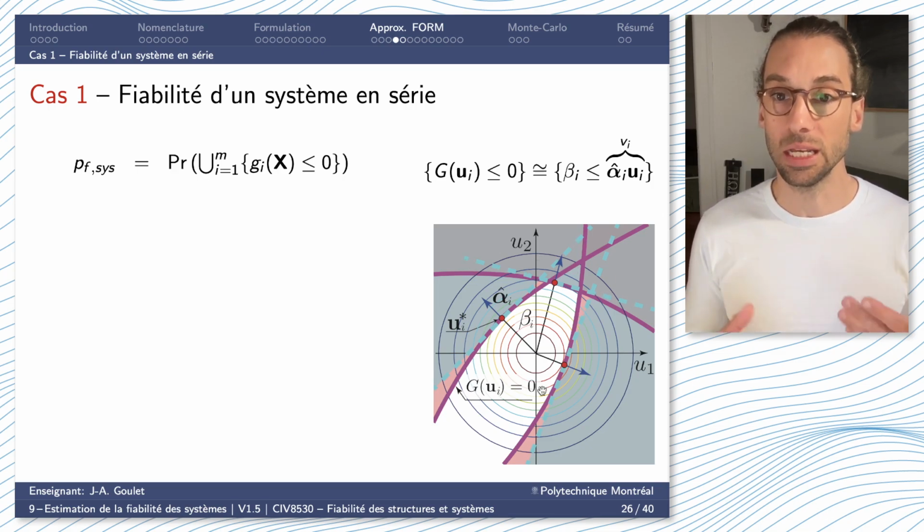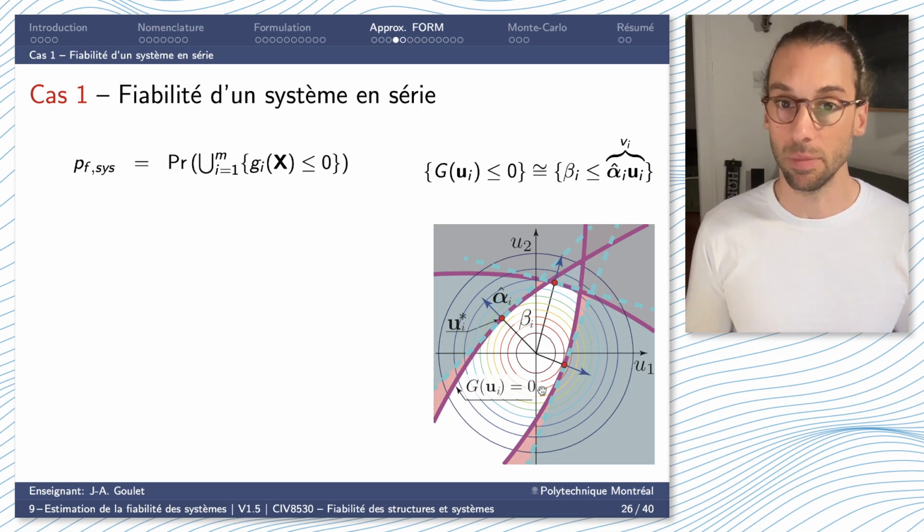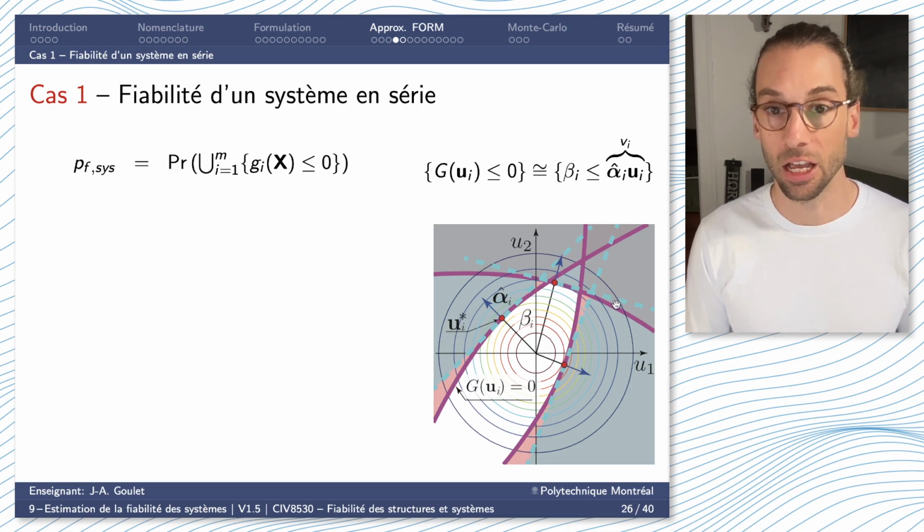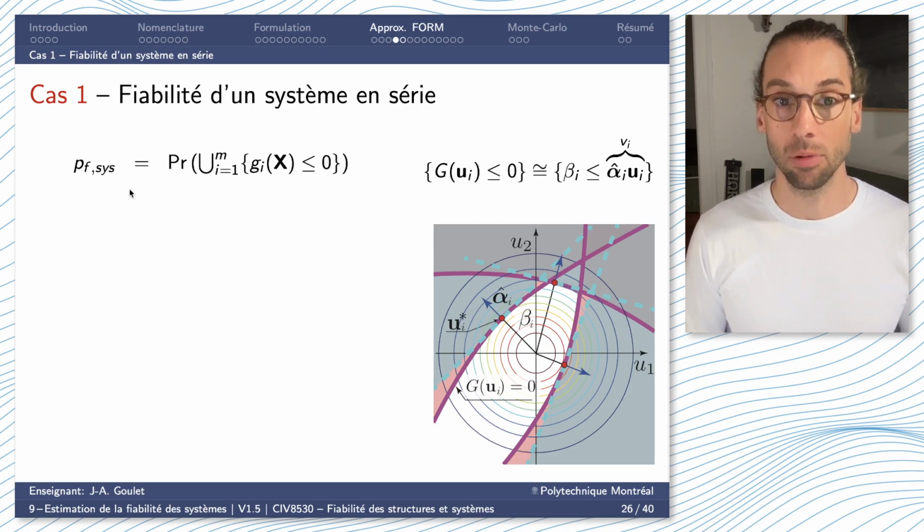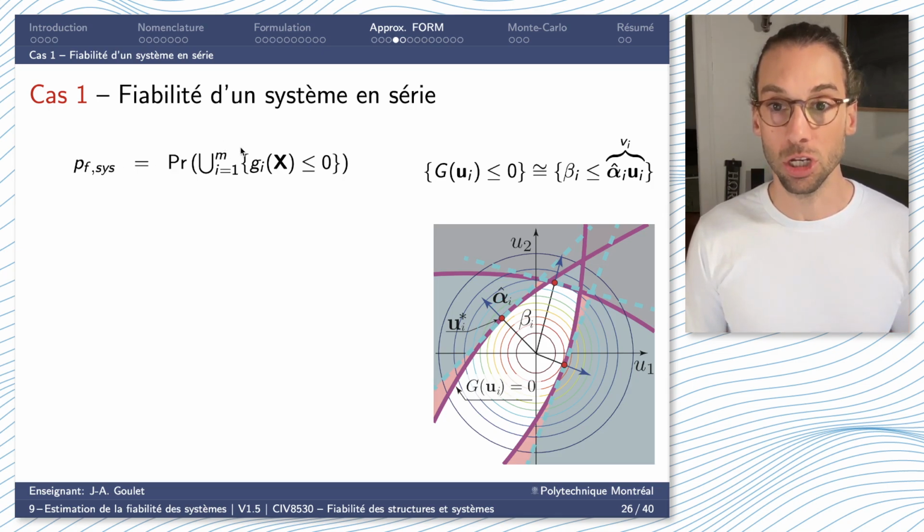And I assume these fail in series, meaning that I want the failure domain to be the intersection of my failure domain for my three limit state functions, as represented by that blue domain here. So my probability of failure for the system would be the probability of the union of the events g of xi, the component level failures, being less than or equal to 0 for my three components in this case.